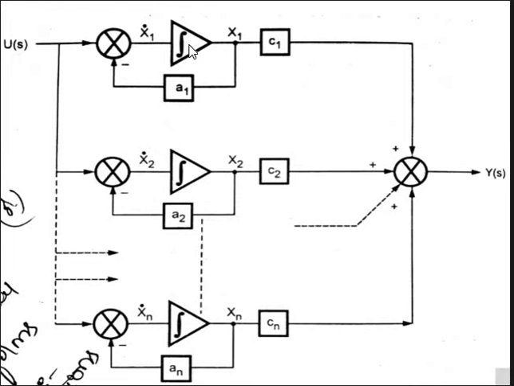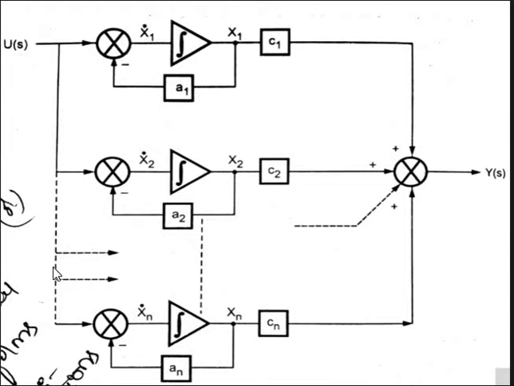Already we know how to draw the state model for 1 by (s plus A). In the last videos, the programming for 1 by (s plus A) consists of one integrator, one summation, and one feedback block. This arrangement is called the programming for the 1 by (s plus A) format.